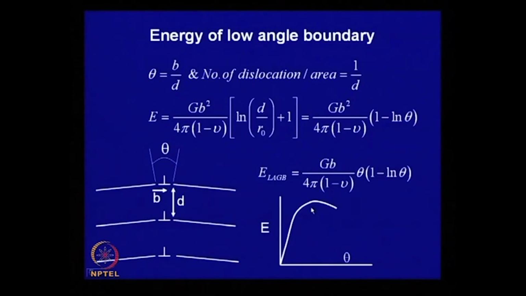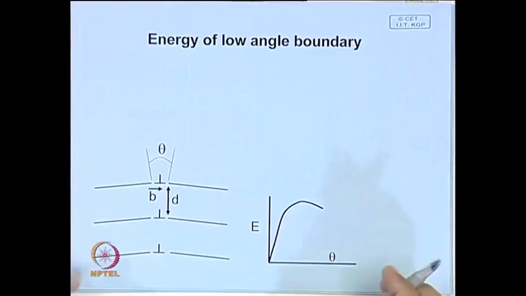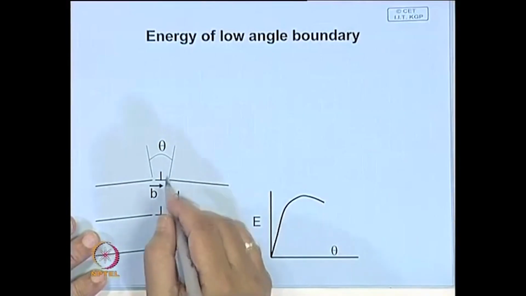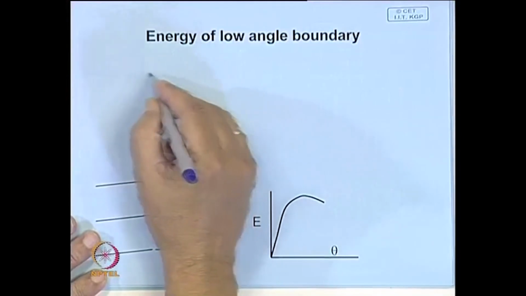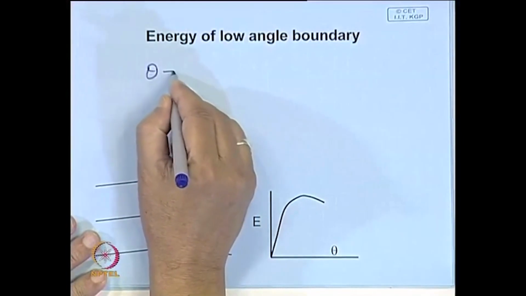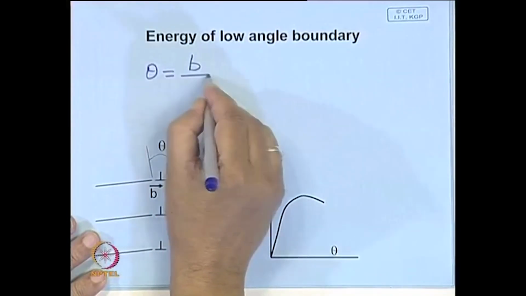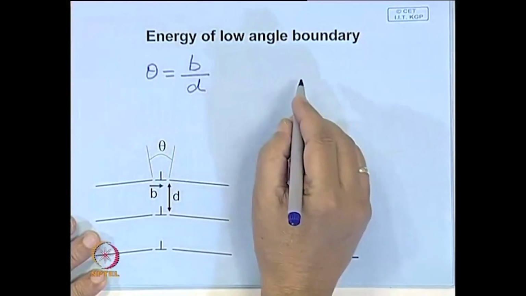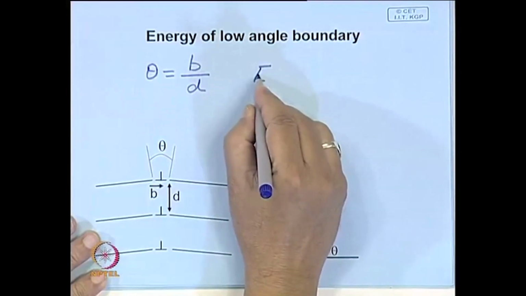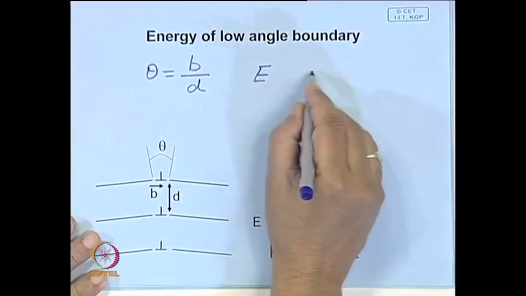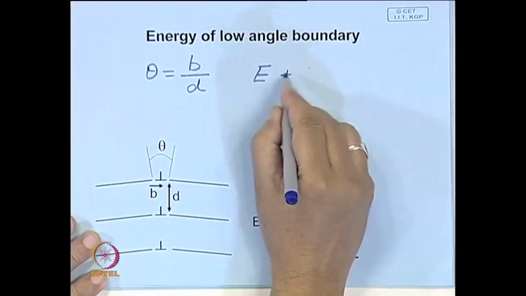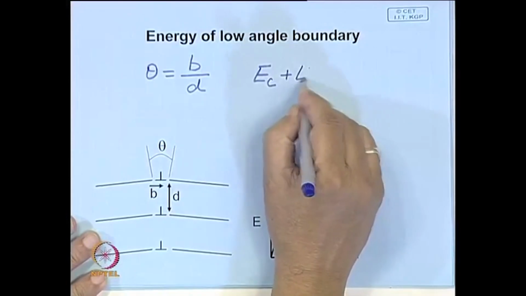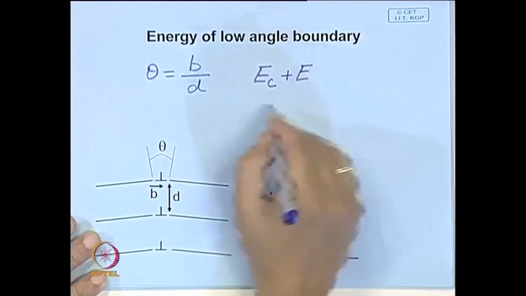Now, it is very easy to calculate the elastic energy of this dislocation, which is shown here. We have just seen that theta is equal to b over d. We know that the elastic energy of this dislocation is made up of two components: the core energy plus the elastic energy surrounding the dislocation.